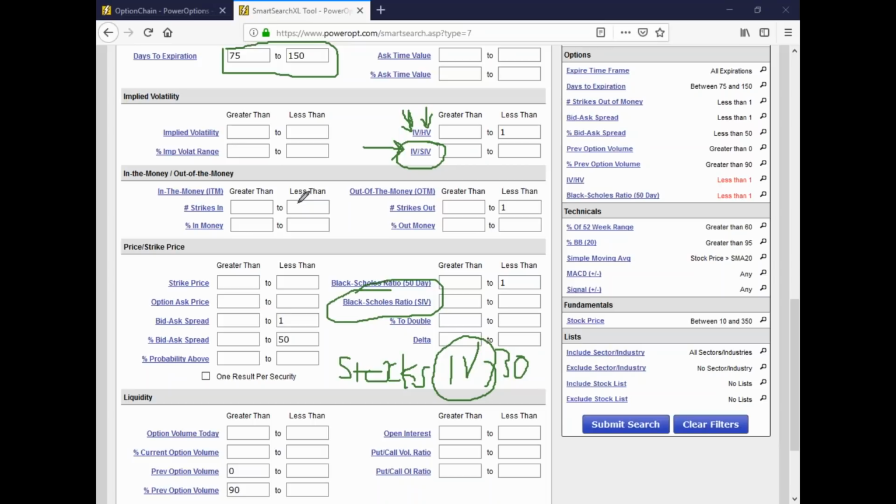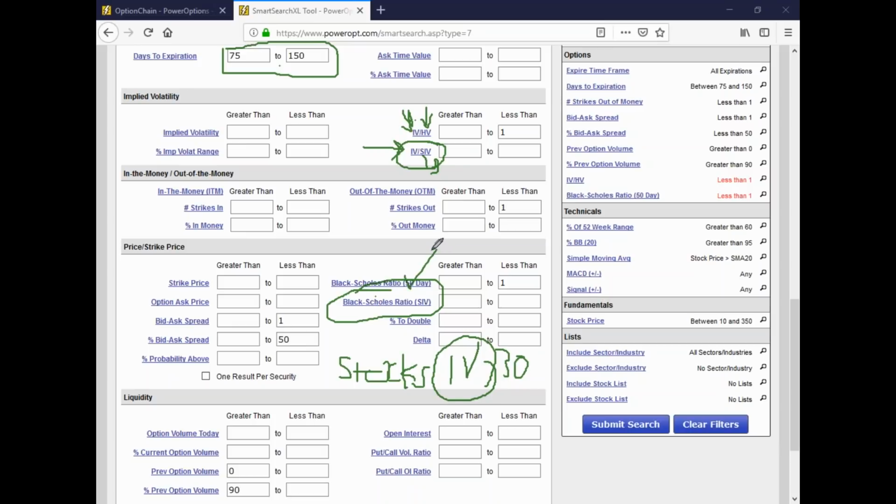Those options are going to be more responsive to movements in the stocks and near-term fears that might come up in the next couple of days. So if I'm looking at something this far out, I'm probably not overly concerned comparing it to the average of the near-term 30 to 45 days. The IV to HV is probably more what I'm looking at, or the Black-Scholes ratio of the 50-day.